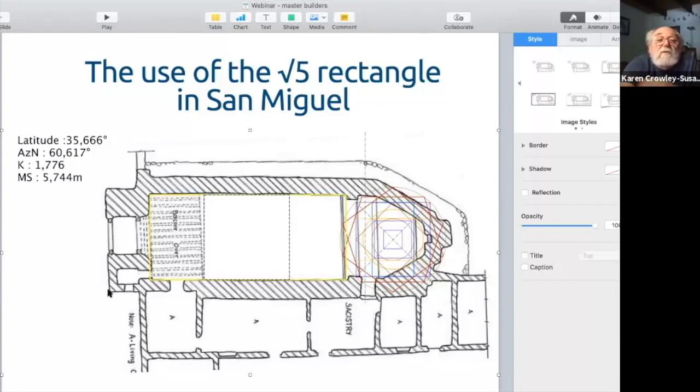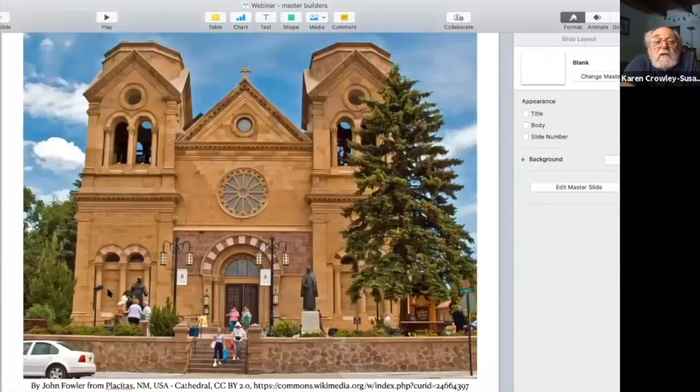So you have a picture of the Basilica Cathedral of Santa Fe, the Saint Francis of Assisi. Some people say that it was done with the inspiration of the Church of Volvic in France.